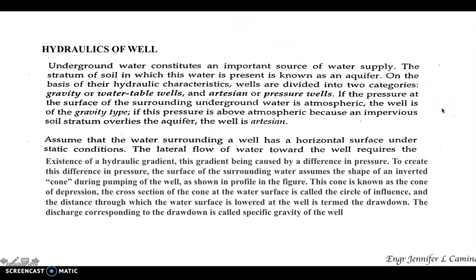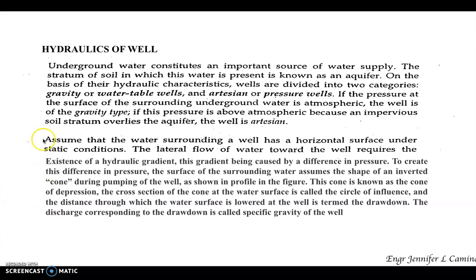On the basis of their hydraulic characteristic, wells are divided into two categories: the gravity or water table well and the artesian or pressure well. If the pressure at the surface of the surrounding underground water is atmospheric, the well is a gravity type. If this pressure is above atmospheric, because an impervious soil stratum overlies the aquifer, the well is artesian.